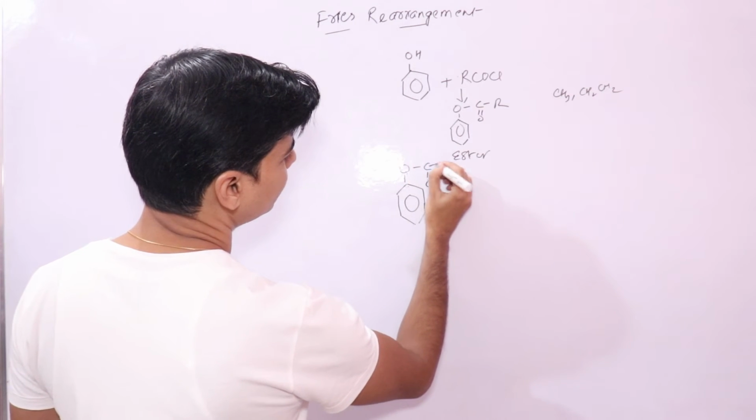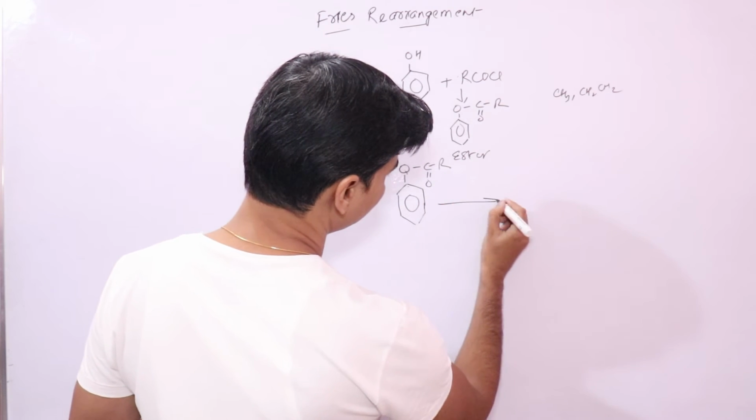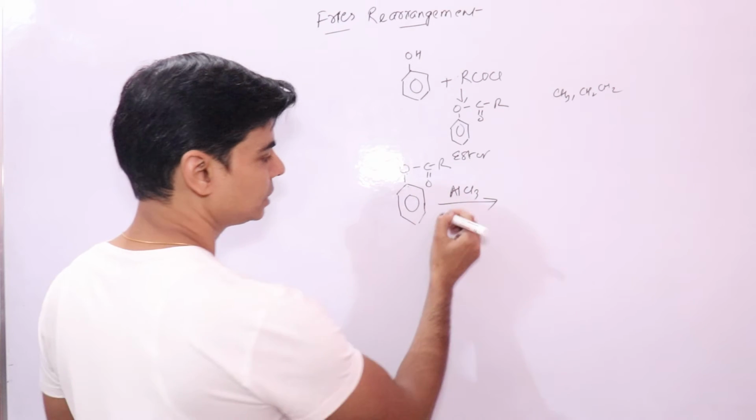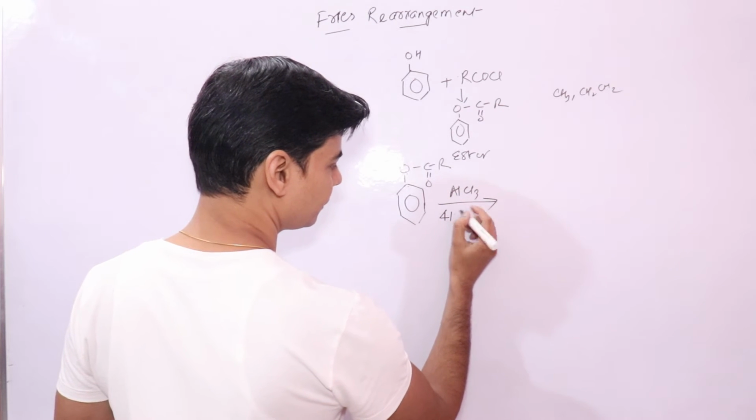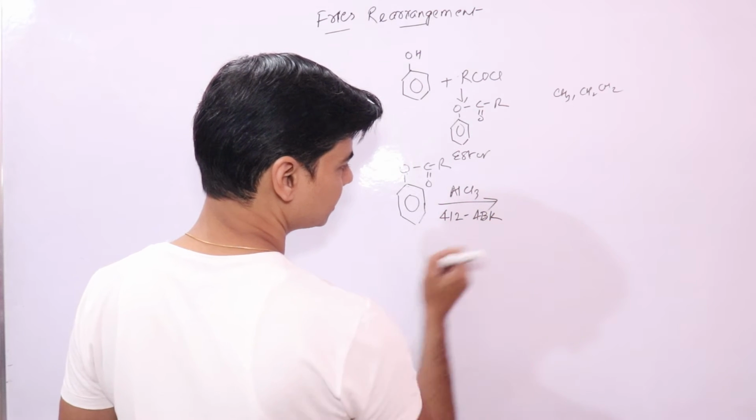will undergo a rearrangement. This rearrangement takes place in the presence of aluminium chloride at a temperature of around 412 to 423 kelvins.